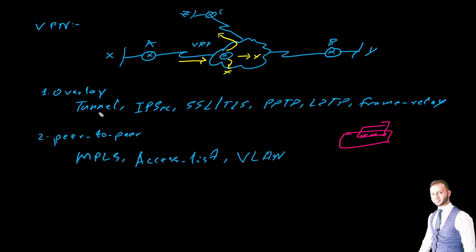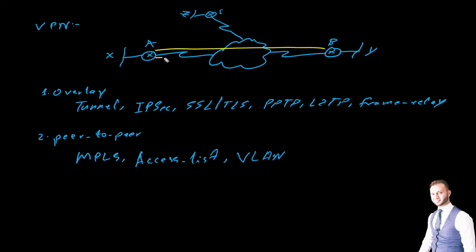Let me go ahead and put some more light on the tunnel interfaces. Let me remove these. Let's say I would create a tunnel interface from site A to site B, and you will need a separate IPv4 subnet for this tunnel connection.